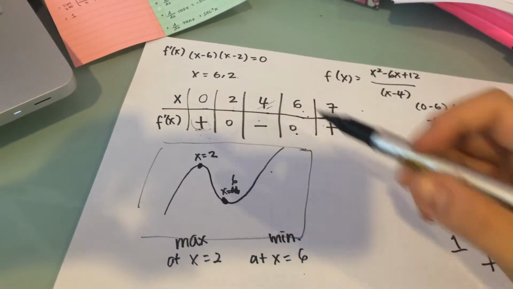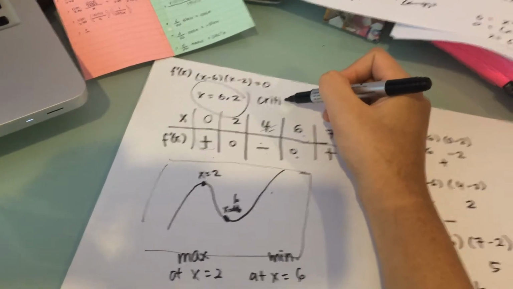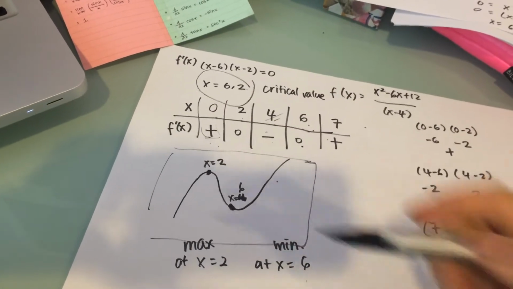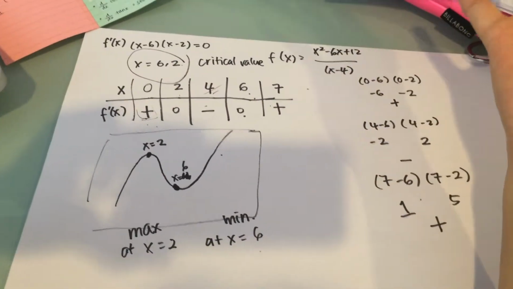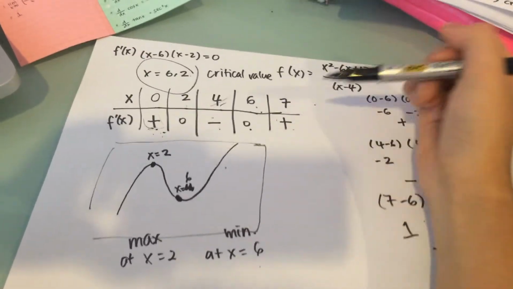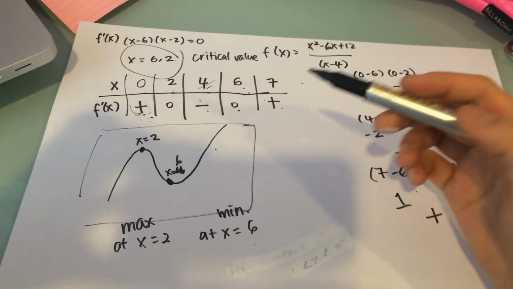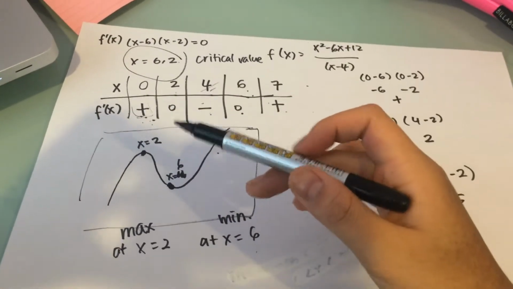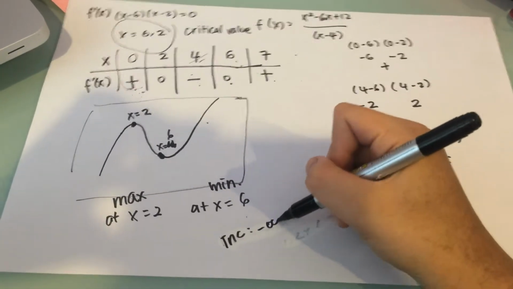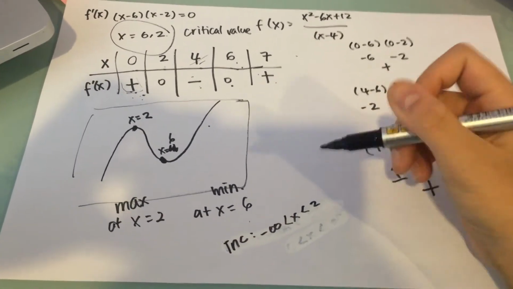And again, we're trying to find the critical value, which we already did. This is the critical value. This is the maximum and the minimum. And increasing, decreasing, we already knew from the table. You just need to remember that positive means increasing, negative means decreasing, and positive again means increasing. In this case, the interval where it increases is from negative infinity, because we cannot pass negative infinity, to x equals 2.